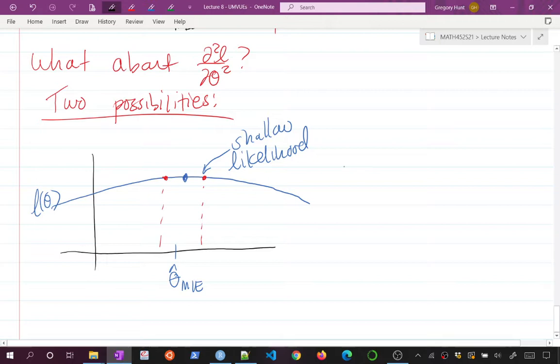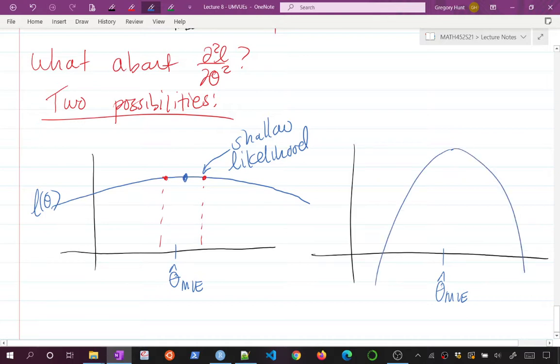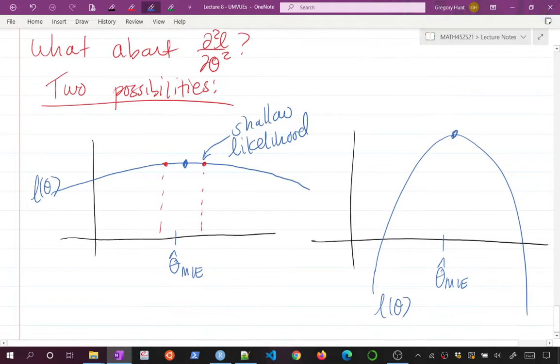My second possibility is, of course, if I have a very curved likelihood. And so my MLE is going to be something like here, and maybe that's what L of theta looks like. But in this case, if I guess slightly wrong, not my MLE but a value slightly off of that MLE, my likelihood decreases by a lot.